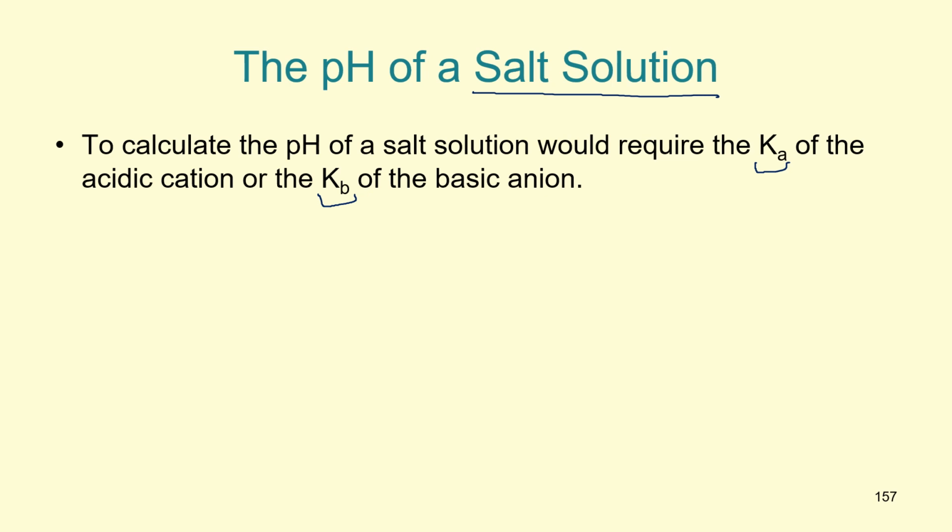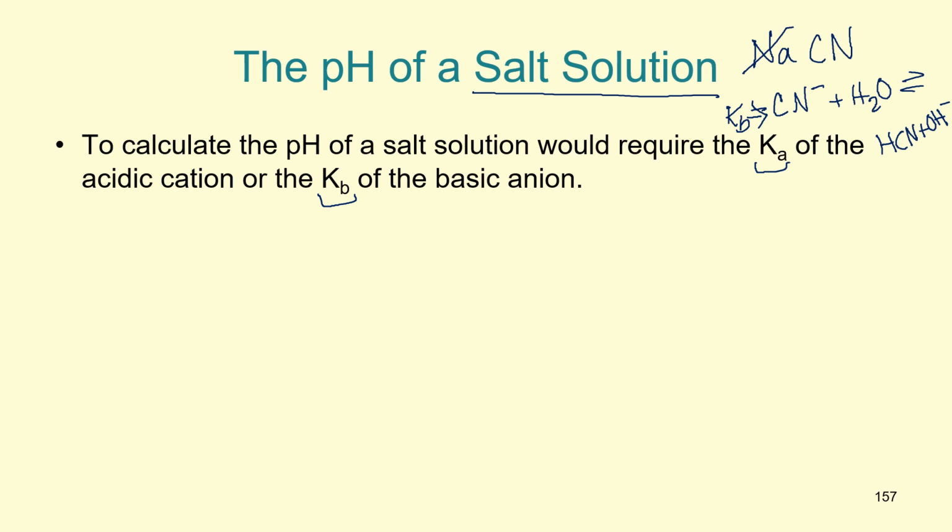So for example, when we had that NaCN, we could ignore the Na, but we needed the CN negative. Now the hydrolyzation gives us this. We need the Kb for this.